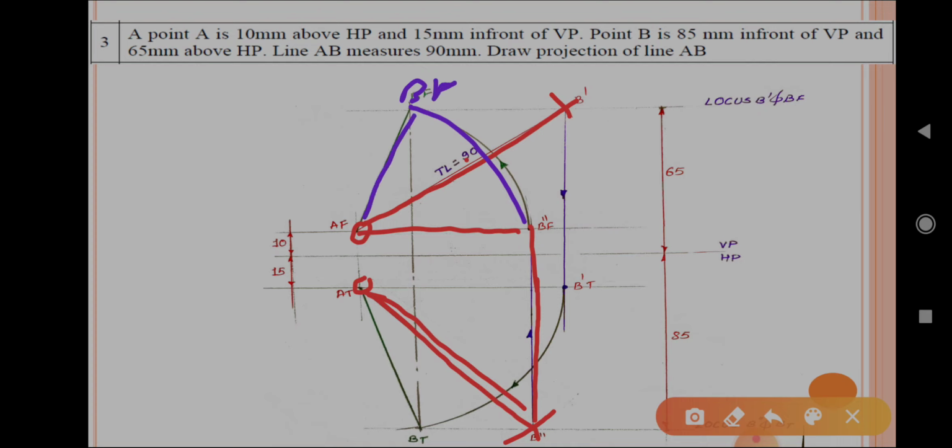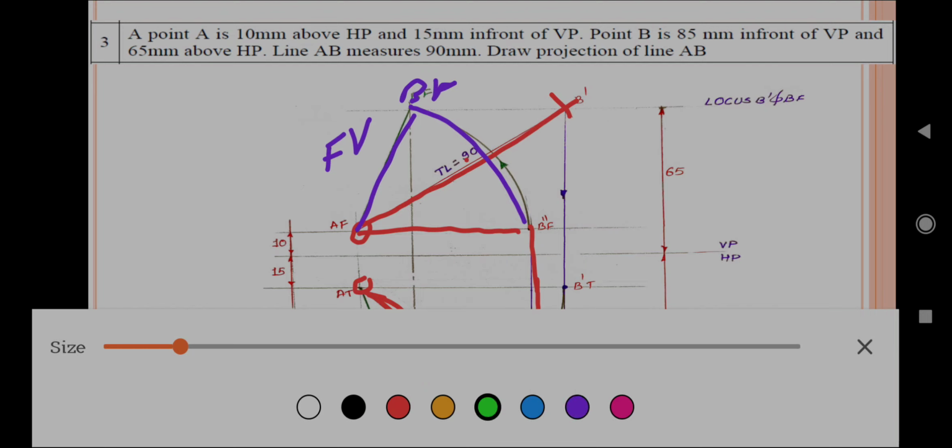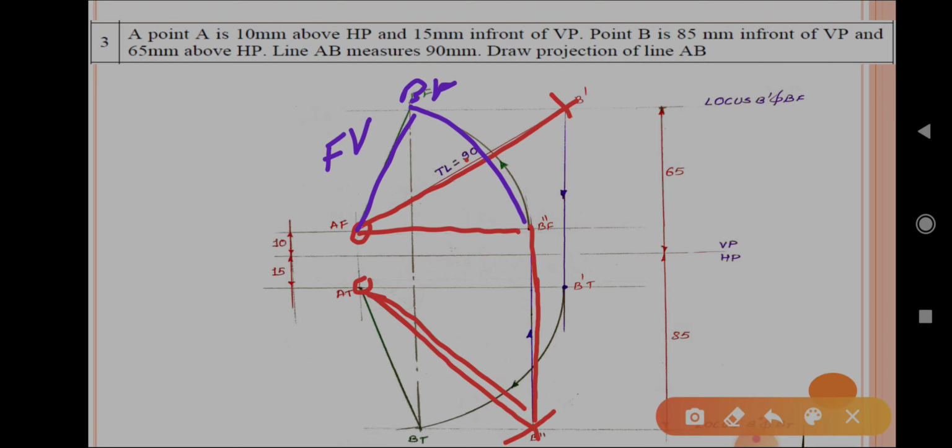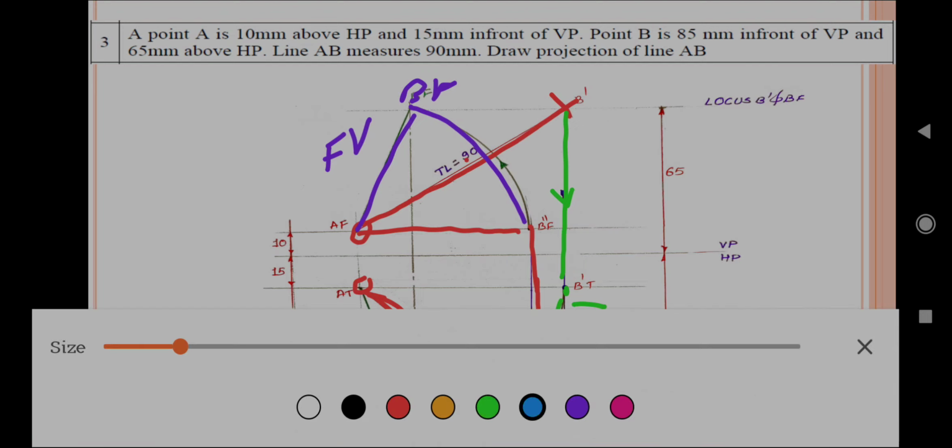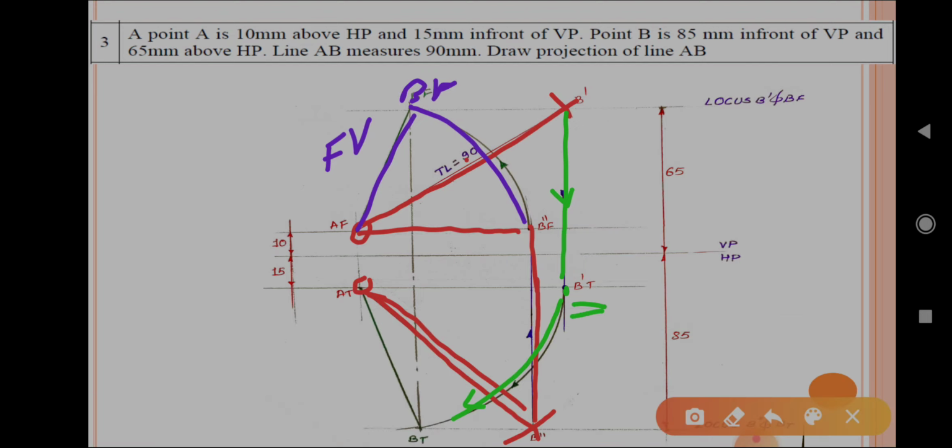So when we connect the BF point, we get the front view, and finally with the same procedure we can draw the vertical line for the front view. We get the point B dash T, and again draw the arc, and we can connect the crossing point with BT and AT.